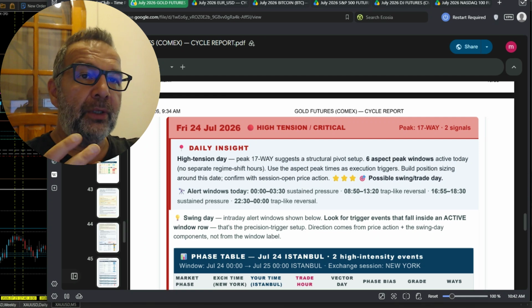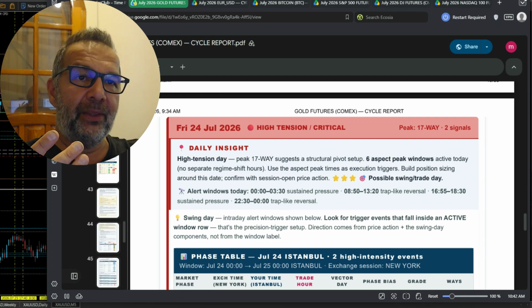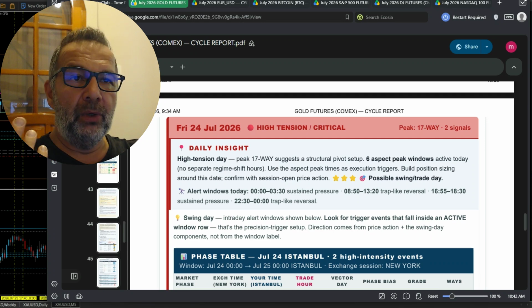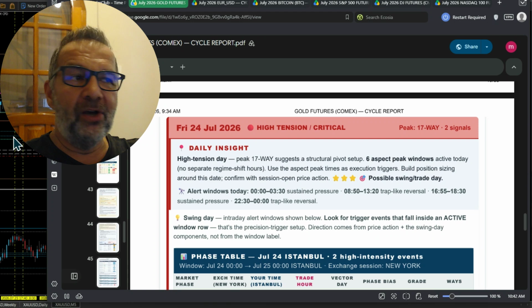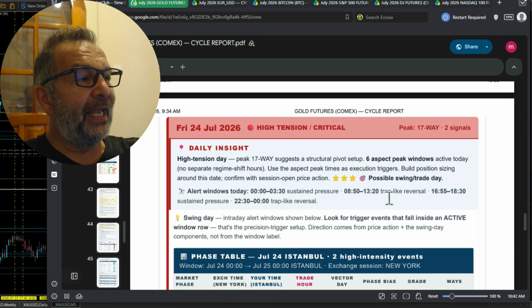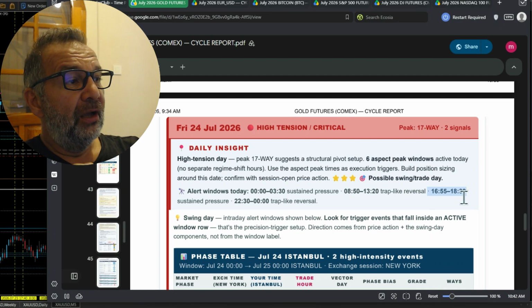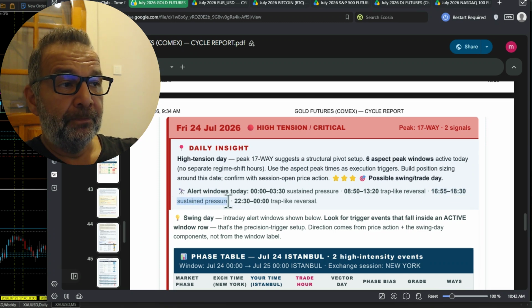So bringing those hours together, what you're essentially doing is mapping out the whole day in advance. And if you have any traps anywhere, if you have sustained pressure from 4:55 to 6:30, this is when New York will probably bring the price down.